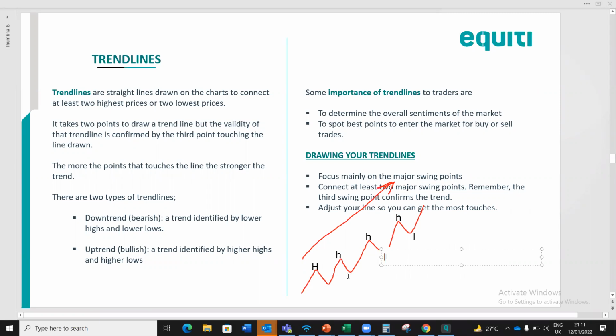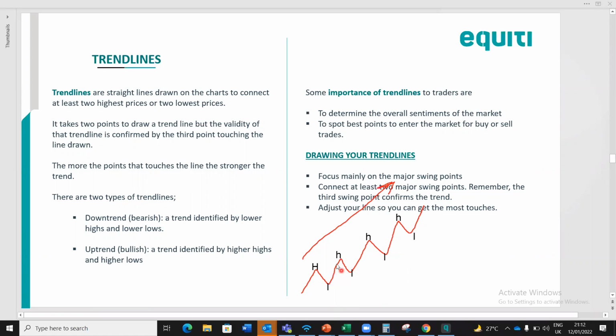This is a low. This is a low. This is a low. Now, if you watch, this is a series of higher highs, and a series of higher lows. This is how we are able to identify an uptrend.